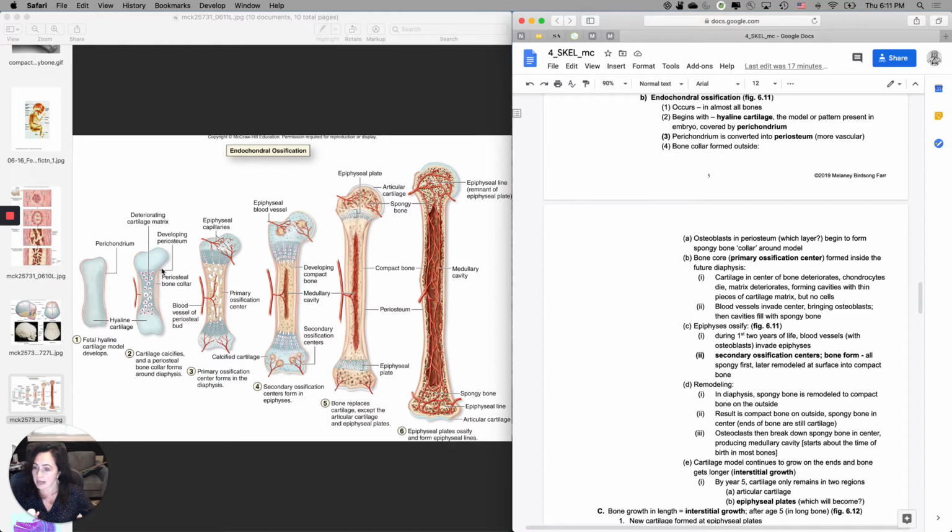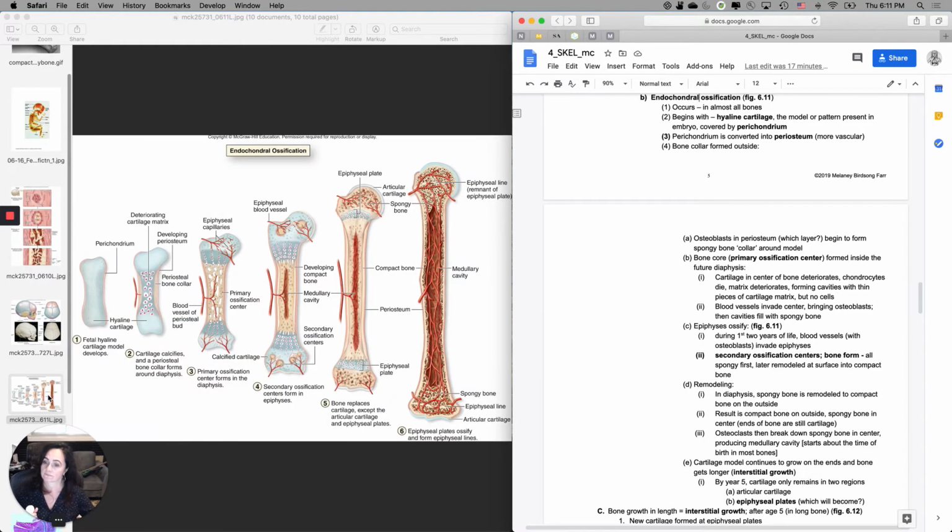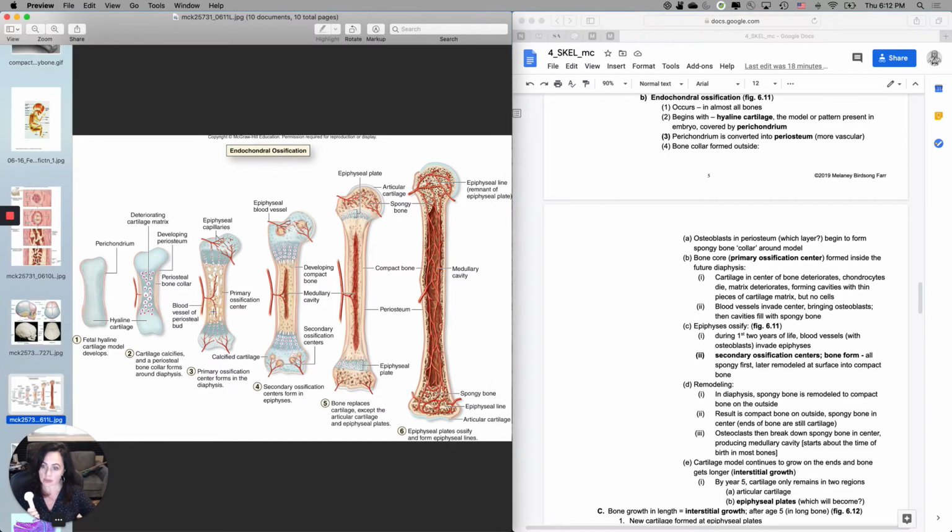So what's going to happen in here is the cartilage matrix can degenerate. You can leave behind the collagen fibers, and you can use those collagen fibers to start to form bone in the center of the diaphysis. This bone in the center, not around the outside, is called the primary ossification center.